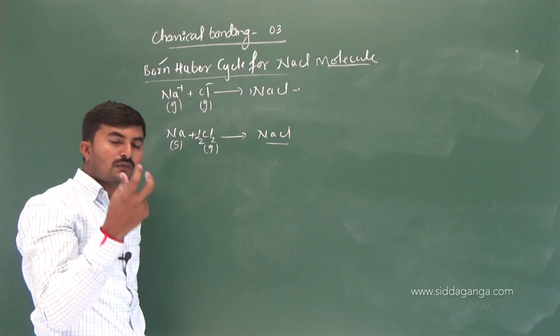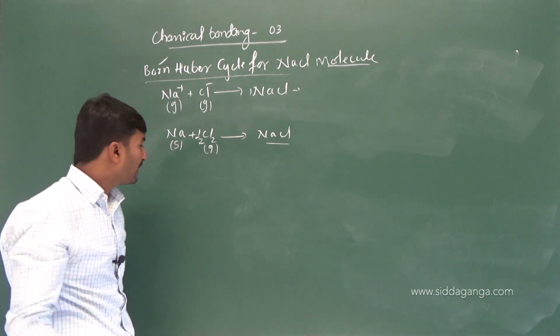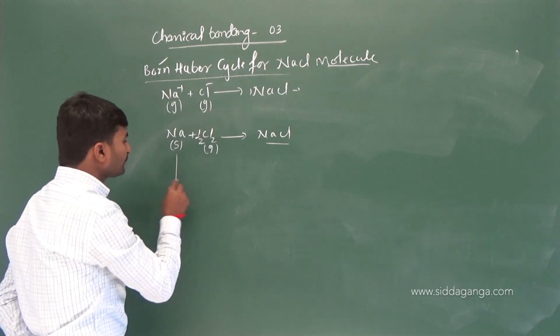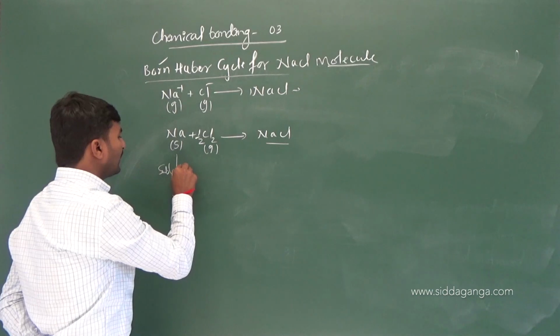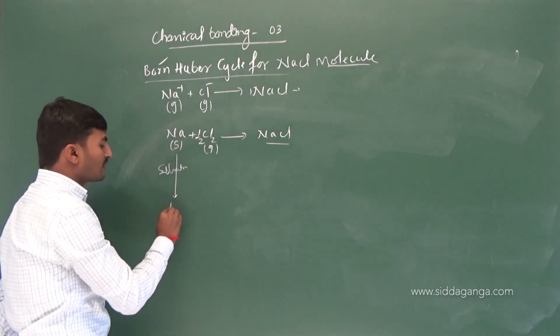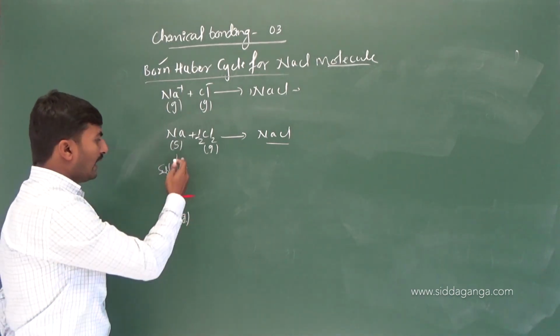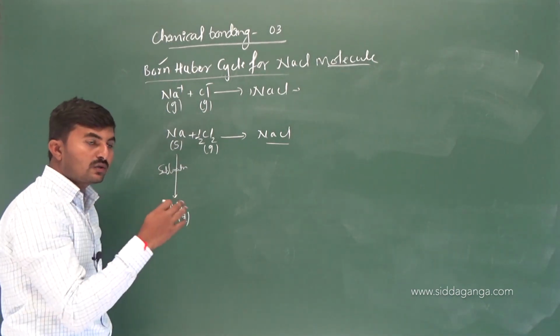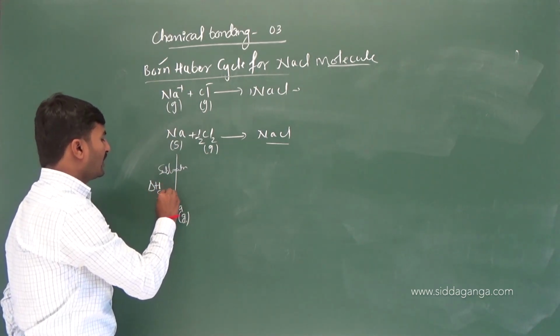The process of conversion of a solid directly into a gaseous state is called sublimation. The enthalpy required during that reaction is called delta H sublimation.